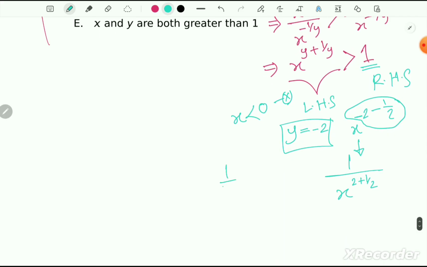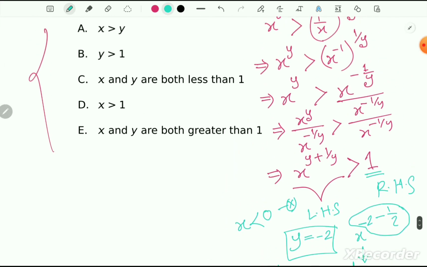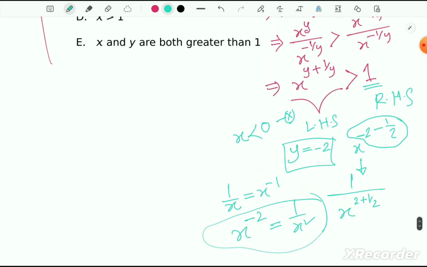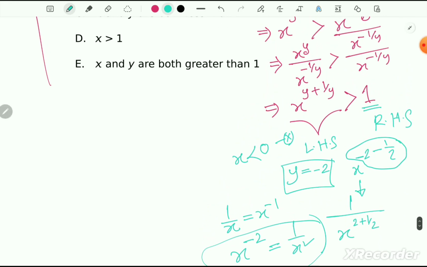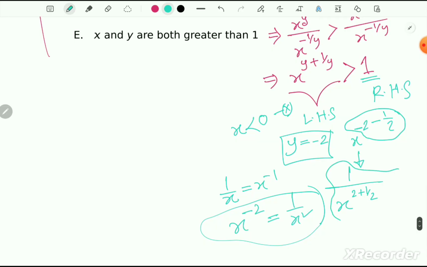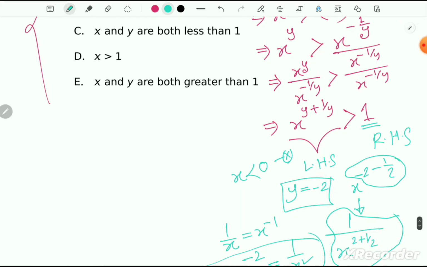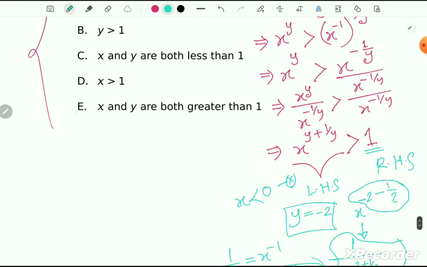As we know already, 1 by x equal to x inverse. Same way, x inverse, x power minus 2 equal to 1 by x square. We can write this way. Therefore we can see here, if y equal to negative 2, in that case we get a fraction number. Okay, that is actually less than 1, but in that situation, our inequality is not satisfied. So we can say x and y are both greater than 1. This is our correct answer.